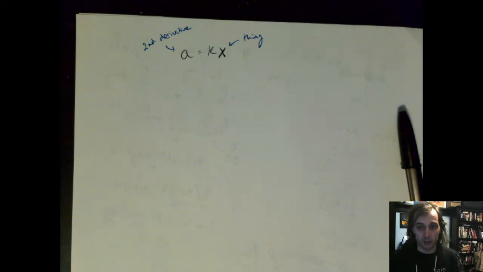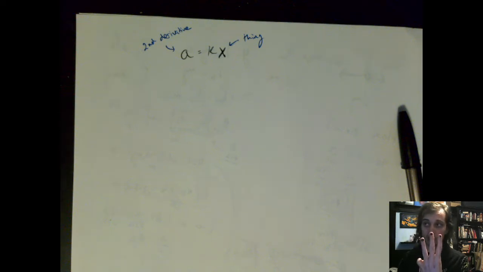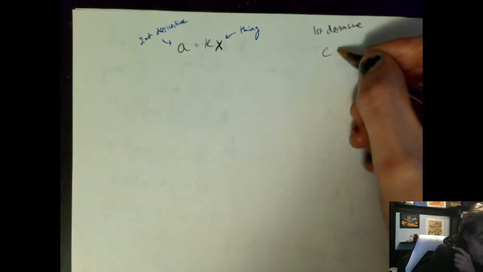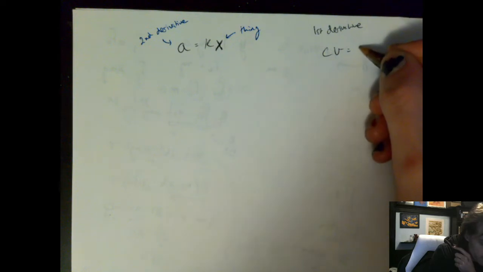So you need to train yourself to recognize, so far, three different situations for diffy q. We're eventually going to add a fourth. The three so far: if you've got something where it's the first derivative with respect to time, so some constant times your velocity is equal to your position.